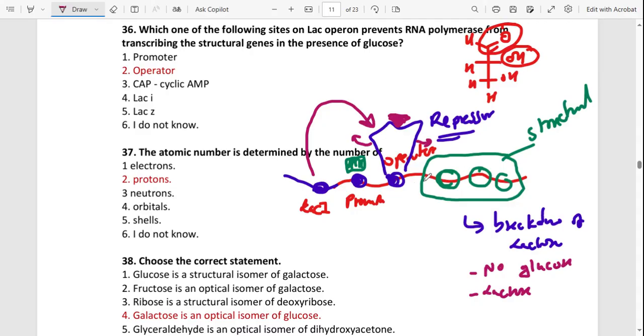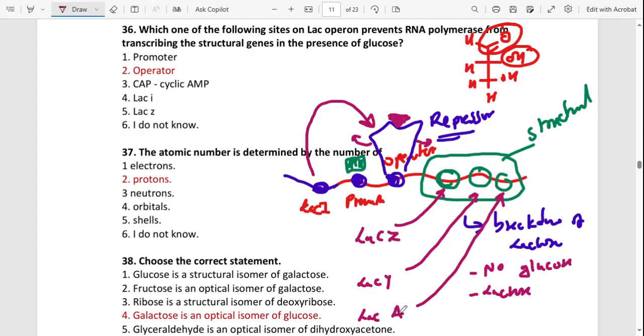And then these structural genes that we can see here, these are three structural genes. We have this one, which we call lac Z, and then this one that we call lac Y, and then this one that we call lac A. Each one of them has a function.